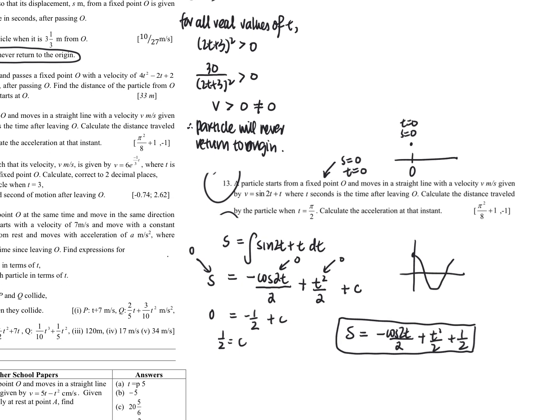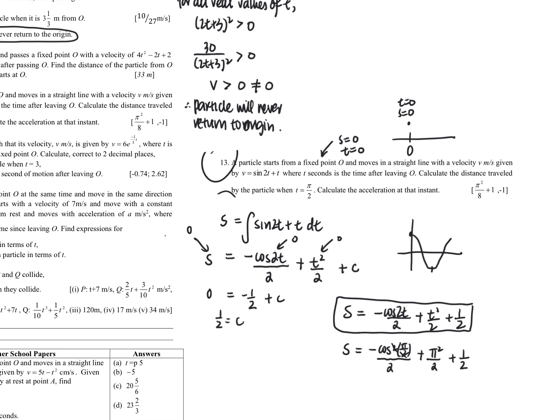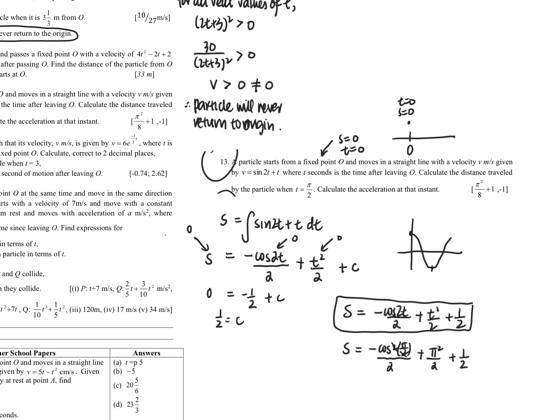Okay? So this is your displacement expression. Then you need to sub in t as pi over 2. So let's do that. Okay, so this one is cosine pi. Pi is 180 degrees. It gives you a minus 1, right? If not, you just key into calculator, make sure it's in radian mode. Because the 2 cancels out with the pi over 2.